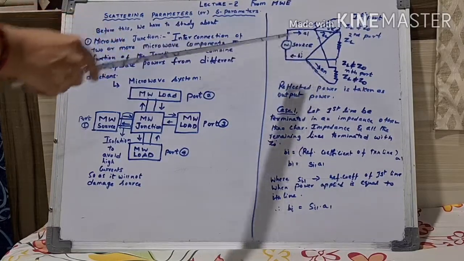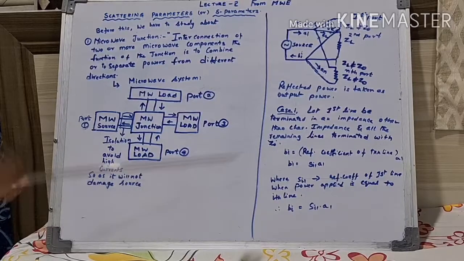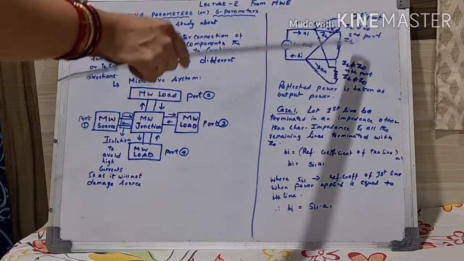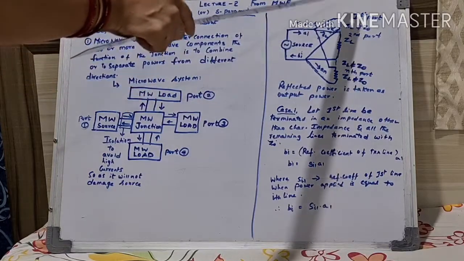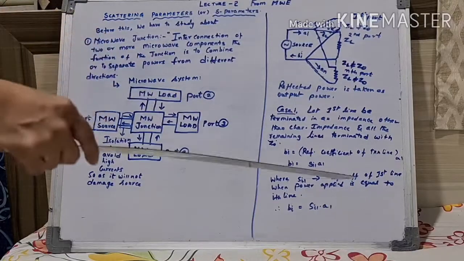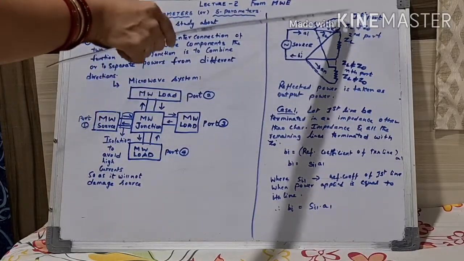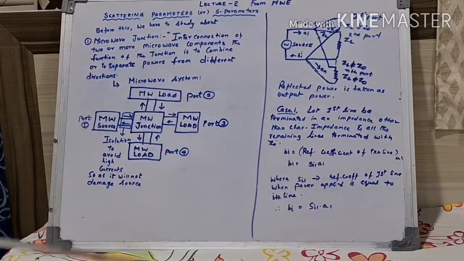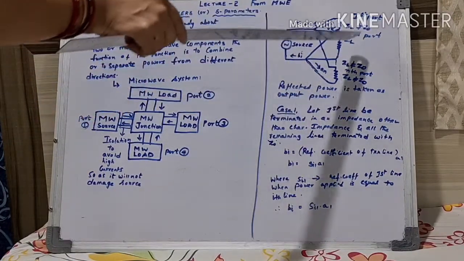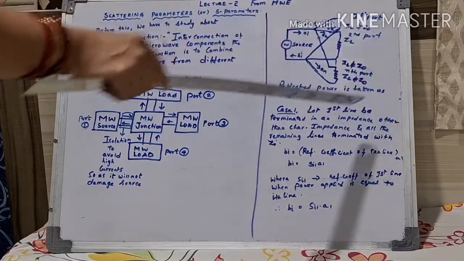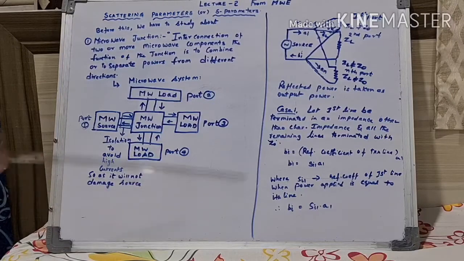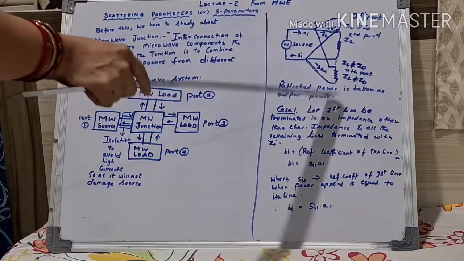That is the output power Bi, and this is the A1. Nth port means n ports. If you connect first line, second line, third line, fourth line, and so on, up to the nth line like this, it will form this circuit. This is the source and this is the output one. This reflected power is taken as output power.